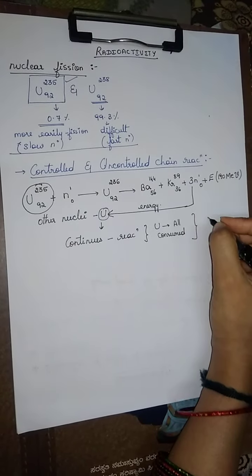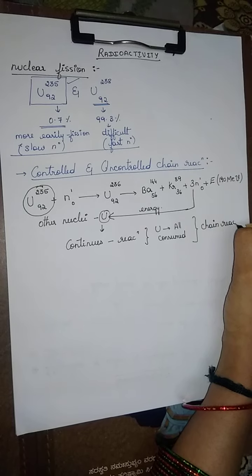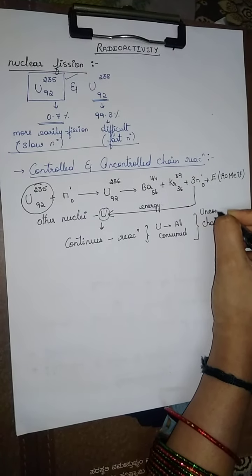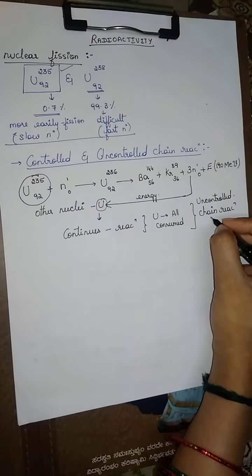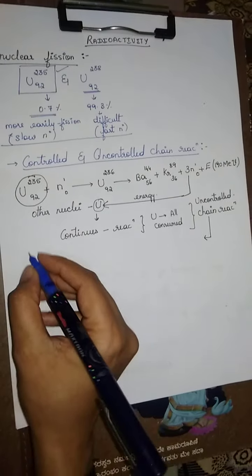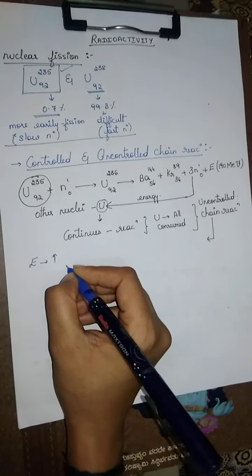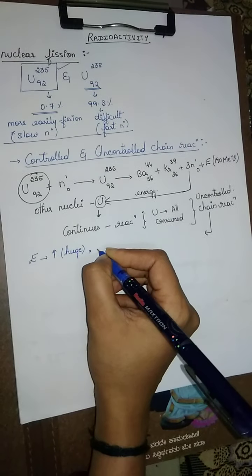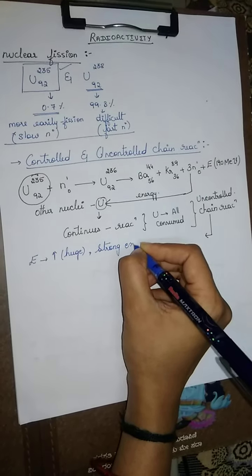Because of this, it is called a chain reaction, and since it cannot be controlled, it is called an uncontrolled chain reaction. Here a huge amount of energy is released, so there will be a very strong explosion.